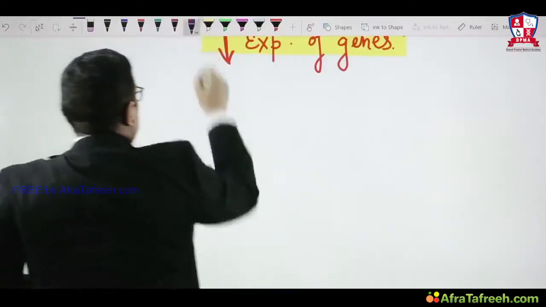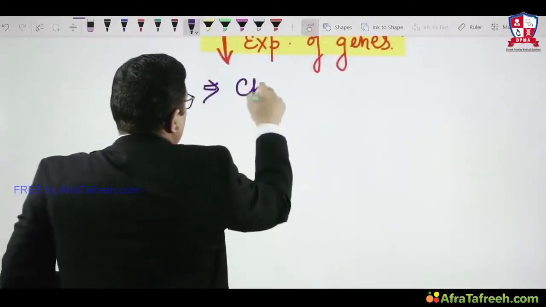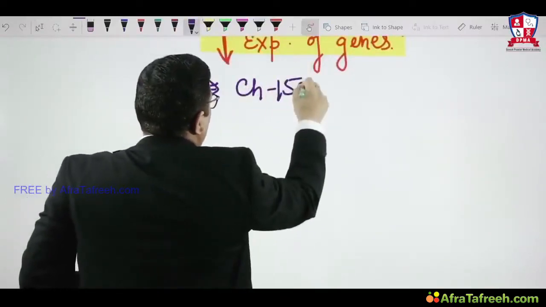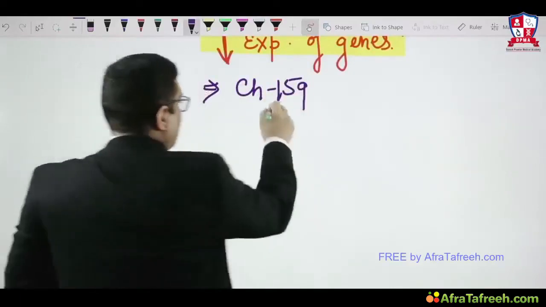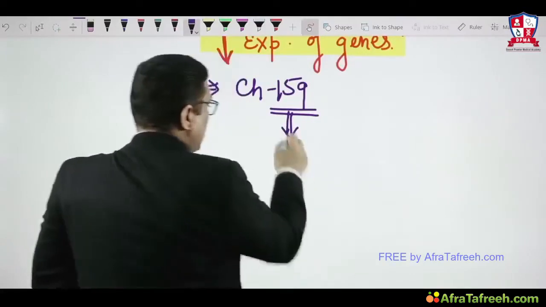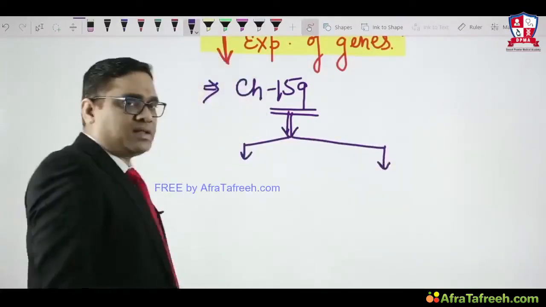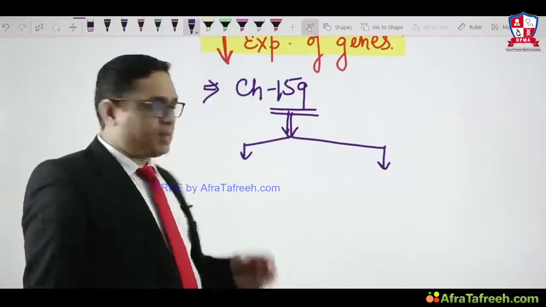When we look at chromosome number 15 long arm, this is associated with two named disorders which we are going to discuss, where you will find there is a role of abnormal genomic imprinting, right?